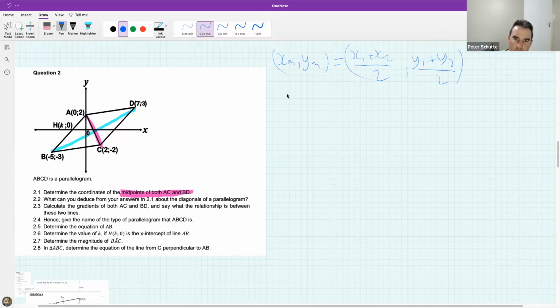And so I want the midpoint of AC and the midpoint of BD. Let's see what you get. So these are the diagonals of the quadrilateral, if you look at it.